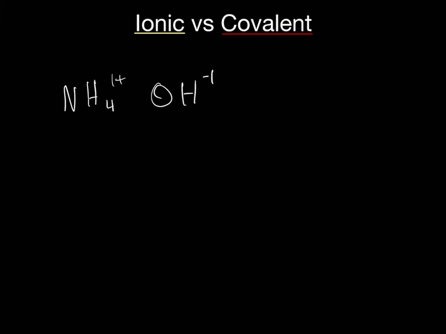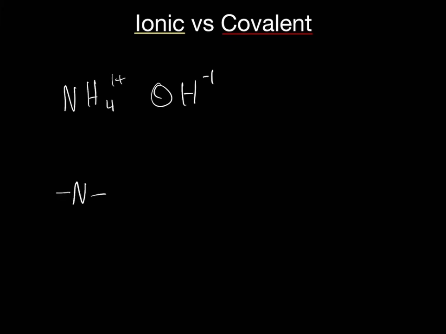In this example, all of the elements within this ionic compound are technically nonmetals. Nitrogen is a nonmetal, so is hydrogen and oxygen. However, it's an ionic compound because it contains polyatomic ions. This is why it's important for you to memorize that list.